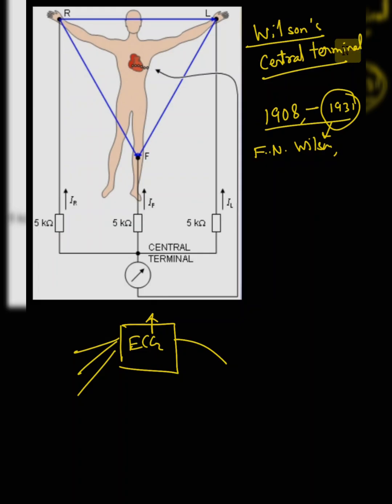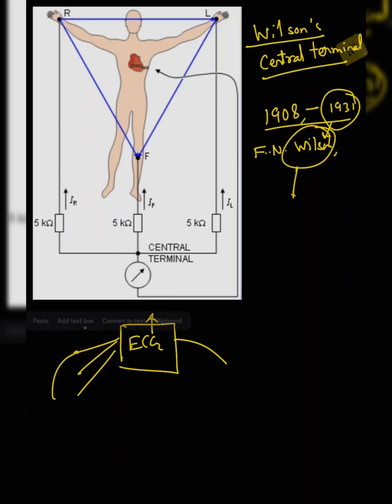Okay, so now when Einthoven invented, I told you there was a flaw, there was a kind of error that was developed because of the low amplitude of potential that is detected with the help of the Einthoven's device. Okay, so what Wilson did, he connected all the limb electrodes.